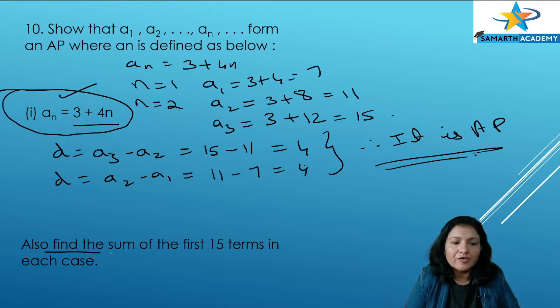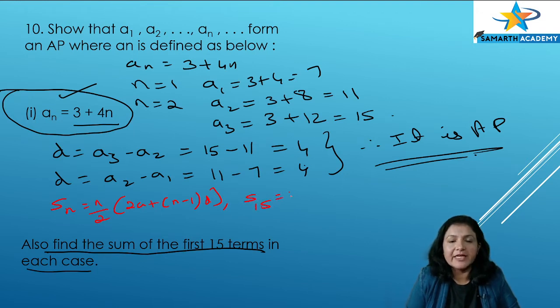He is also asking to find the sum of first 15 terms. So let's find Sn is equal to n by 2 into 2a plus n minus 1 into d. I'll use this formula, put the value of a, n and d. So S15 equal to 15 by 2 into 2a, that is 2 into what is a?